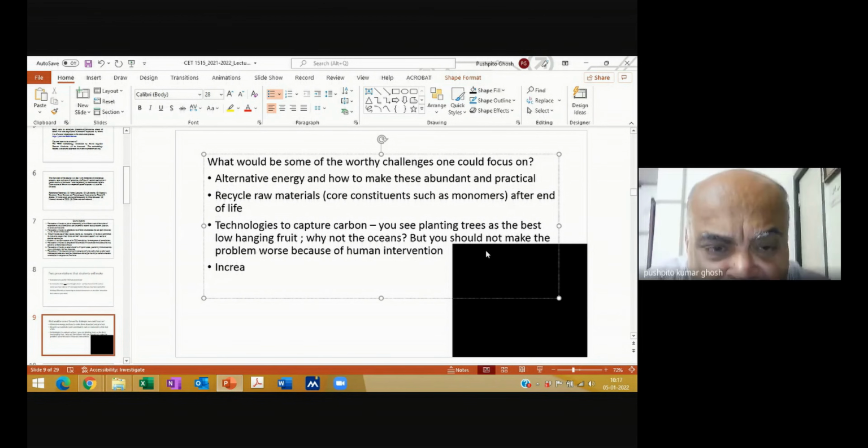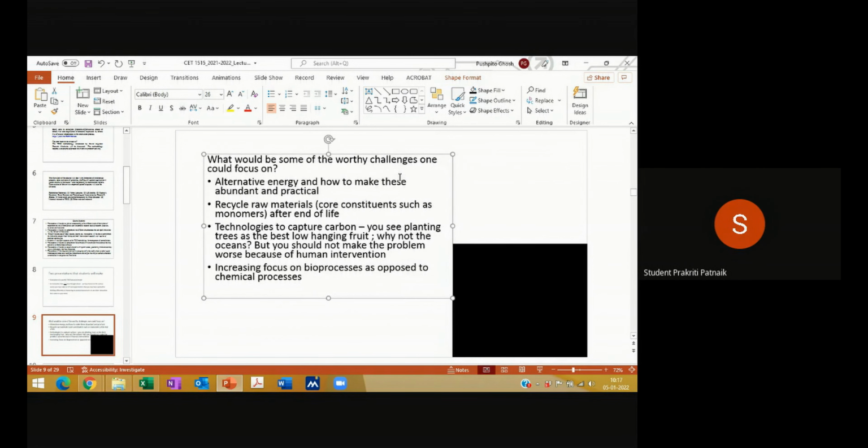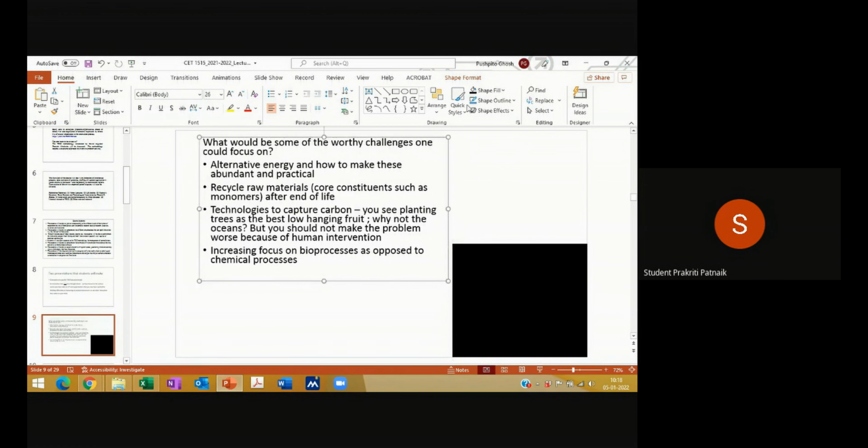Increasing focus on bioprocesses as opposed to chemical processes. I think that's what you're trying to say. Okay, good. Anything else? Sir, advanced separation processes, because the current processes, while efficient, are very energy intensive. Very good.